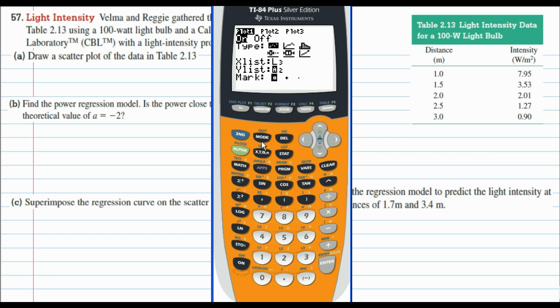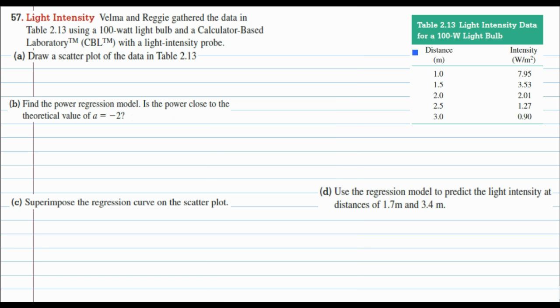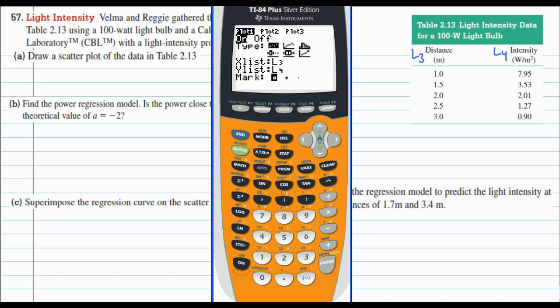I've put this data into L3 and L4, so the distance is going to be L3 and the intensity is going to be L4, because the intensity of the light depends on the distance from the intensity probe. To draw a scatter plot, I changed my x list to L3, my y list to L4, and now I'm going to hit zoom 9. So there's my scatter plot.